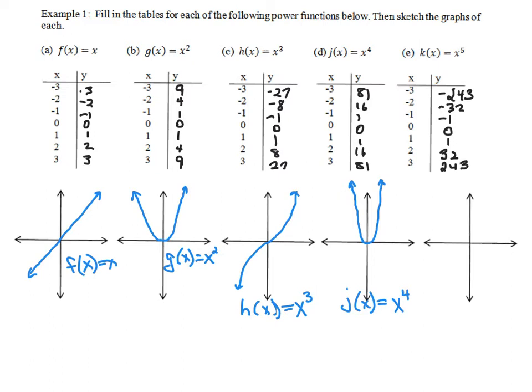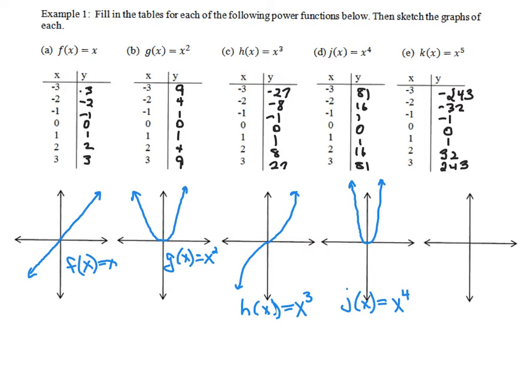I hope you're thinking about, as we find each output for the corresponding inputs, whether these functions are even or odd. So think back to our definition of what an even function is and what an odd function is, and be able to compare which ones are even and which ones are odd.